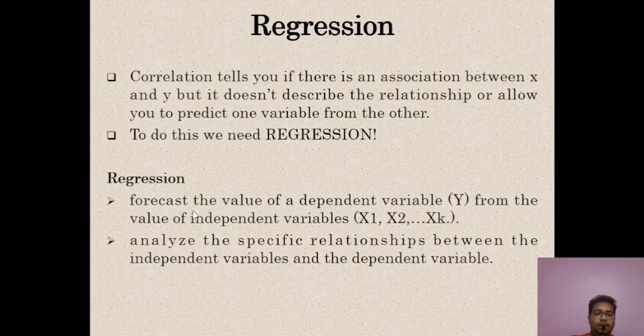The next point for using regression is that it analyzes the specific relationship between both variables, the independent and dependent variable. So those are the two main reasons why we are using this.